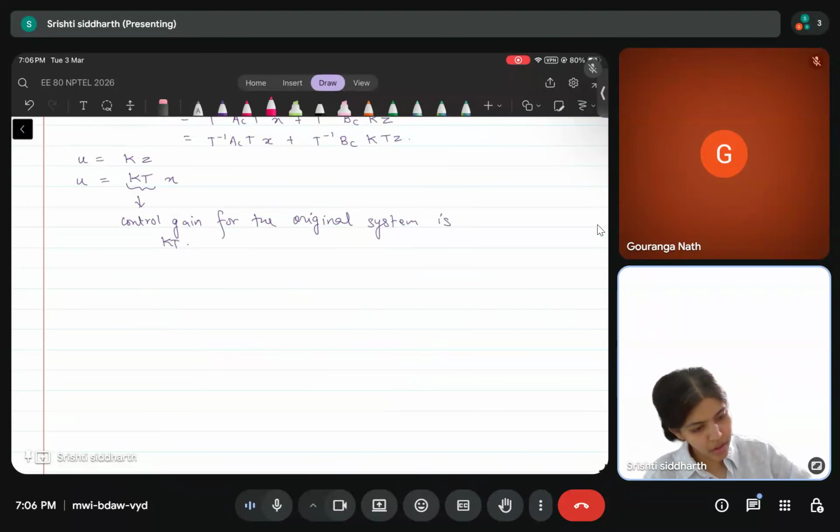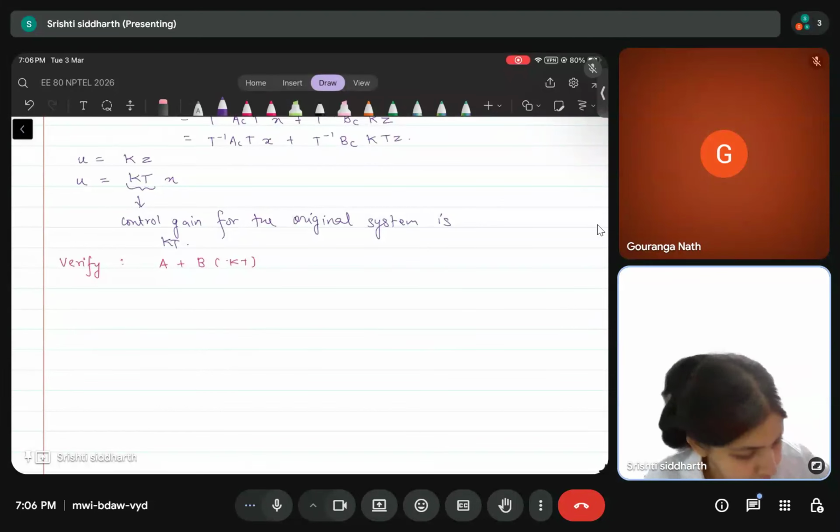So verify A plus B times kT has the desired eigenvalues.